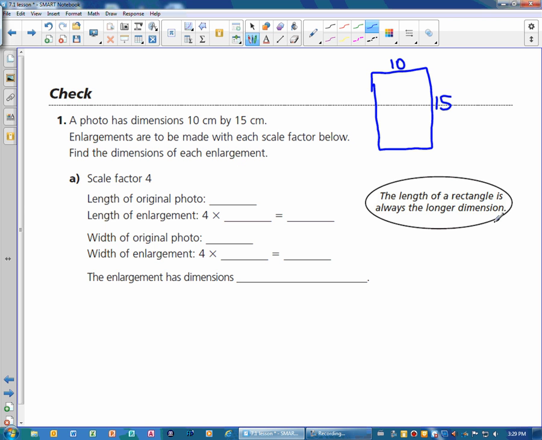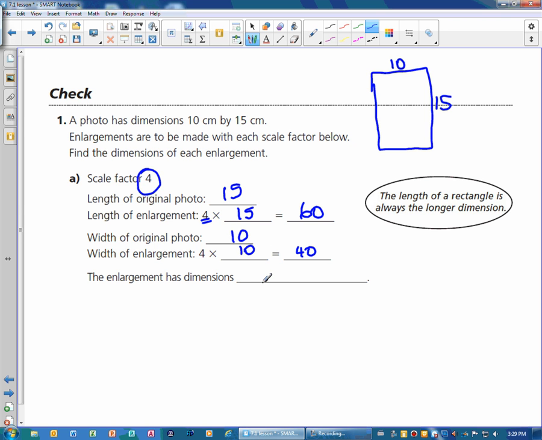Okay, now over here it says the length of the rectangle is always the longer dimension. 15 is longer than 10, so we will say the photo's length is 15 and the width is 10. So it wants it to be 4 times as large. So the length will be 4 times 15, which is 60. And it's going to be 4 times 10, which is 40.